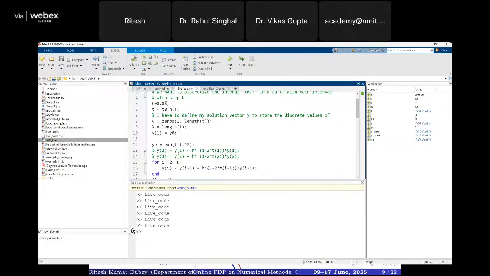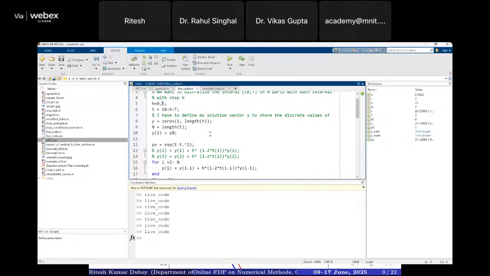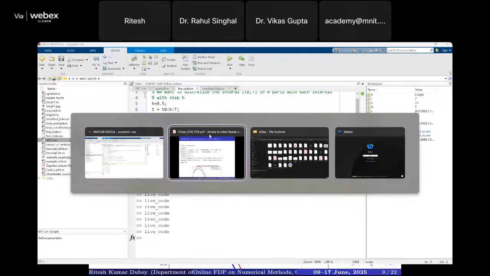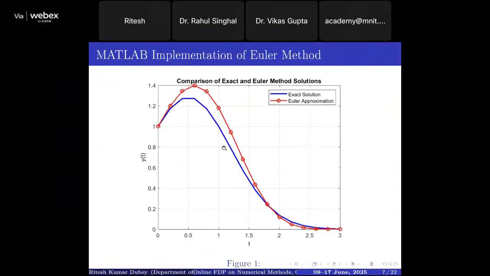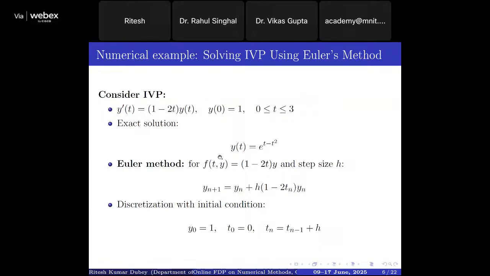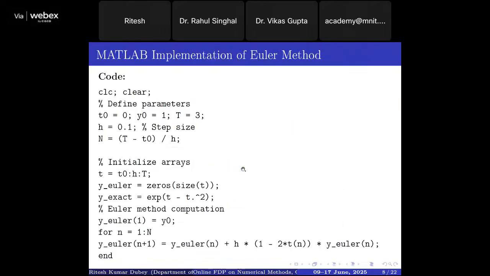In fact, if I go and put h equal to 0.5, let us see what happens. So it is still working. Yeah, this is okay, but let us see one example. So this is the problem which I considered, and this is the solution by the Euler method.